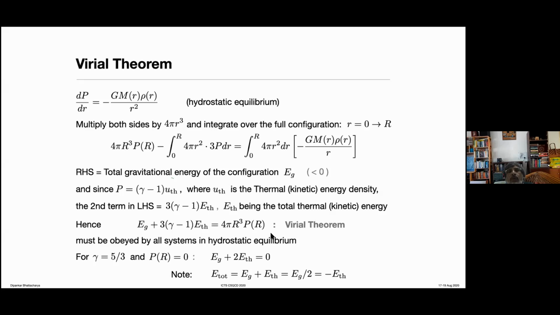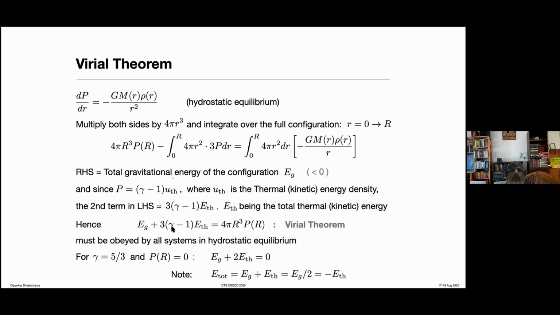Now, when we have a fully self-standing star in vacuum, then the pressure at the surface is 0. So therefore, the right-hand side goes to 0. And we have gravitational energy plus 3 times gamma minus 1 times thermal energy equal to 0. And for gas which is monoatomic with no internal degrees of freedom, you have gamma is 5/3.